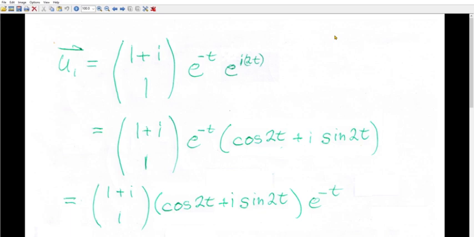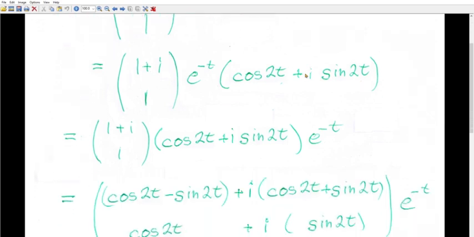Now what we do is we take the exponent, which was the eigenvalue, and break it into the real and imaginary parts, and we end up with e to the minus t times e to the i times 2t. And of course, e to the i 2t is cosine 2t plus i sine 2t. And now we're going to multiply that piece into the eigenvector and collect it into real and imaginary parts.